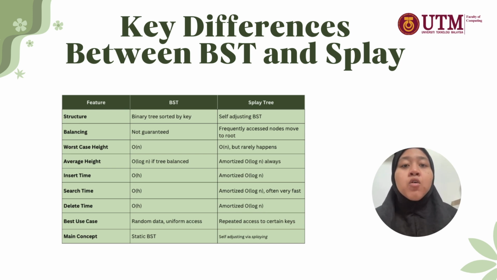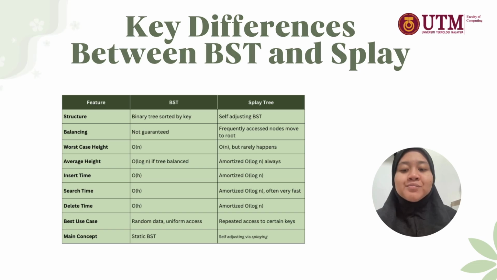This means that over a sequence of operations, the average cost is logarithmic, even if one specific operation is expensive. And then best use case is we use BST for random data with uniform access, but splay trees are superior when we have locality of reference, meaning we have repeated access to specific keys and the splay tree brings them to the top for instant retrieval.